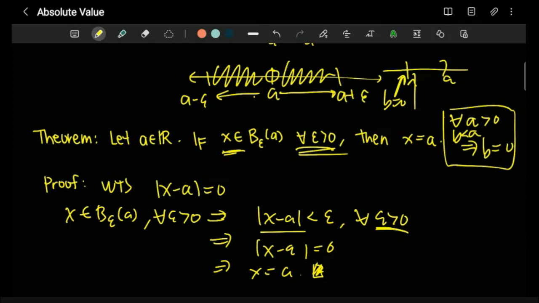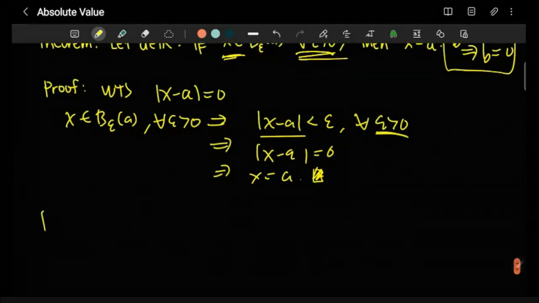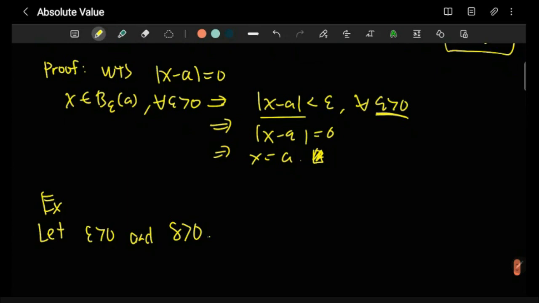Okay? Let's have another example how to illustrate that. Let's say we have epsilon greater than 0. And delta greater than 0. So, meron tayong dalawang positive number. Tapos, let's say A is a real number.